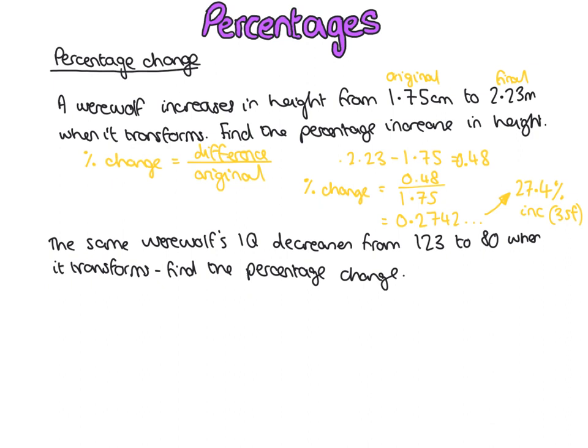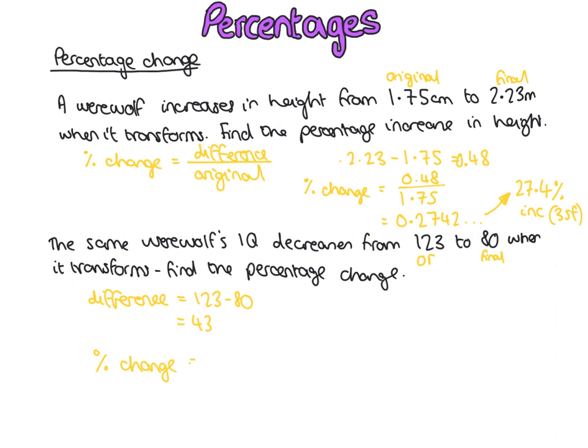For part 2 of the question, or the second example, the werewolf's IQ decreases from 123 to 80 when it transforms. Find the percentage change. Again, that's our original, and that's our final. So the difference is 123 minus 80, which is 43.